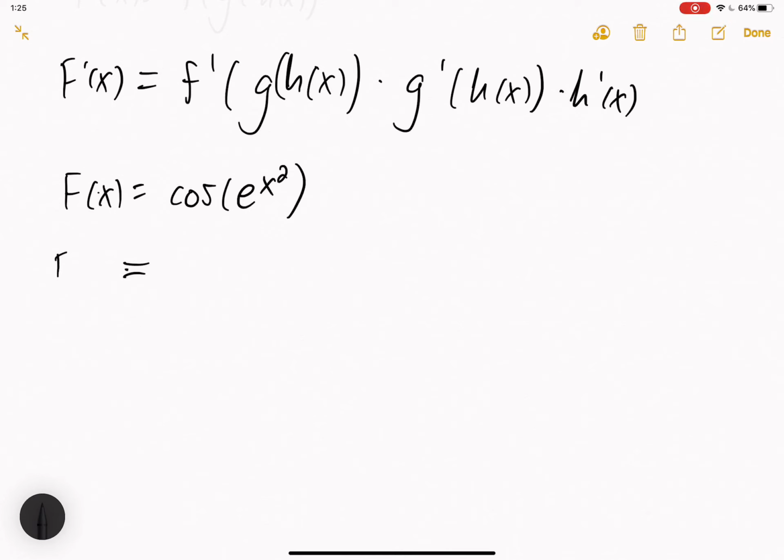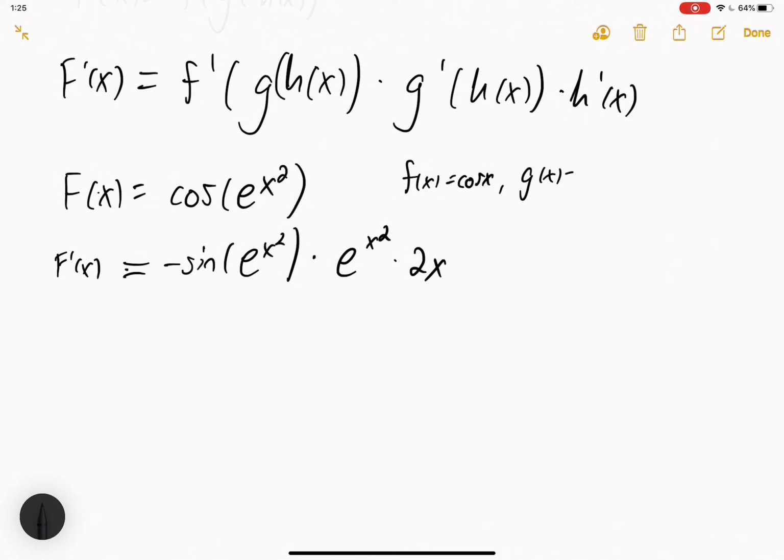If you want to find F prime of x, we take the derivative of the outside function, so negative sine of x, evaluated at the inside, times the derivative of the inside, so e to the x, the derivative of e to the x is just e to the x, evaluated at the inside, times the derivative of the inside, which is just 2x. And here I'll clarify: our f of x is equal to cosine of x, our g of x is equal to e to the x, and our h of x is equal to just x squared.